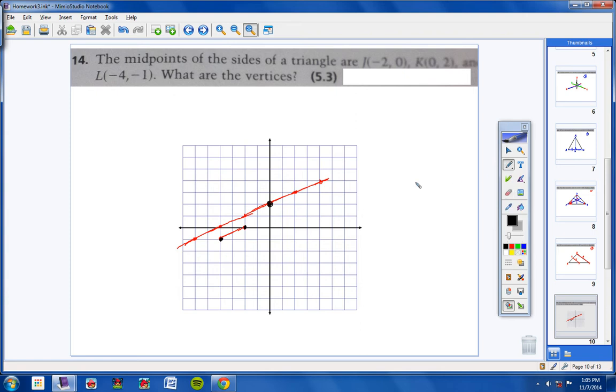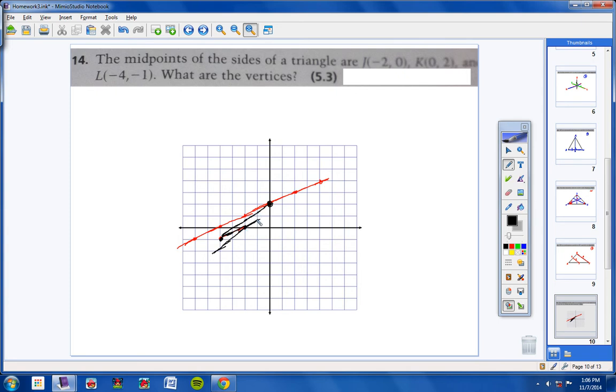Now, if I draw this mid-segment right here, I'm going to make our mid-segments black. If I draw this mid-segment like this, then my other side has to be parallel to that side. It has to look something like this.